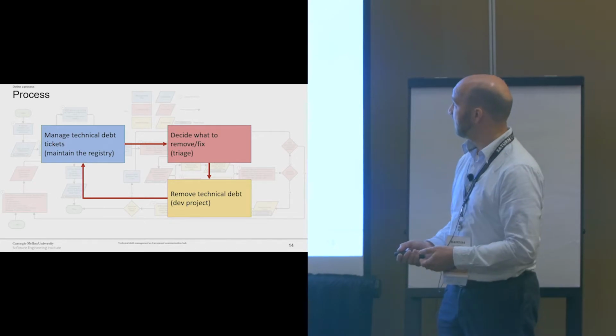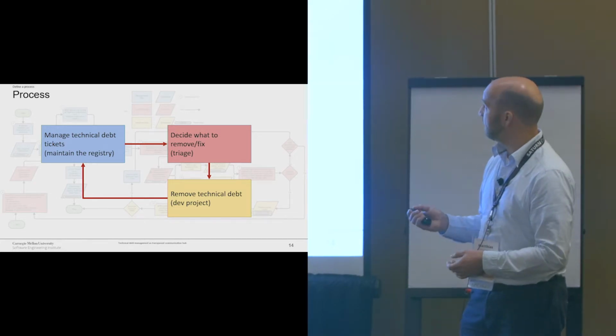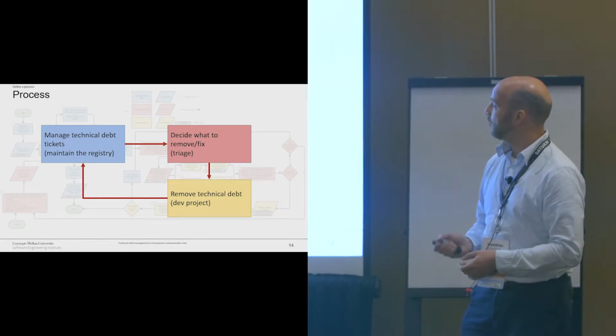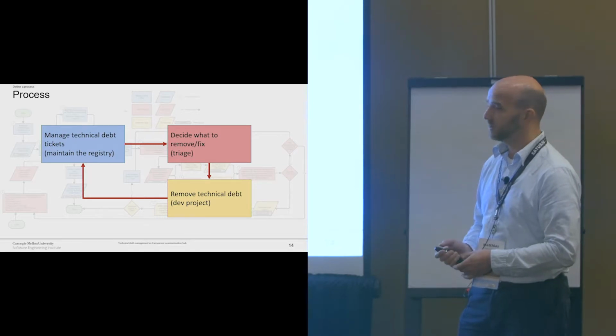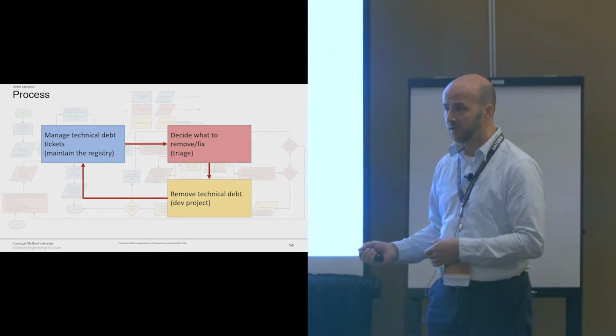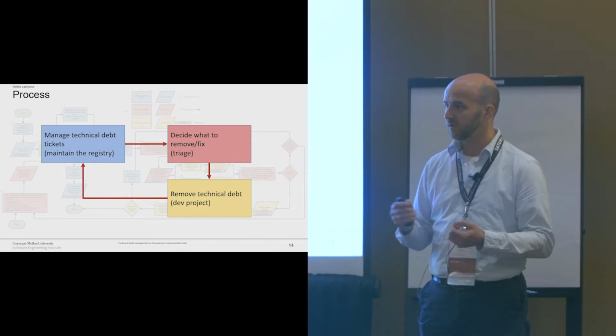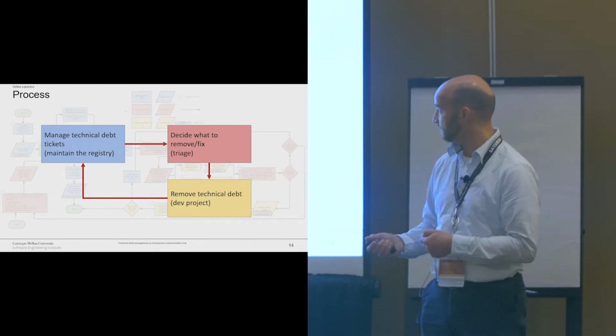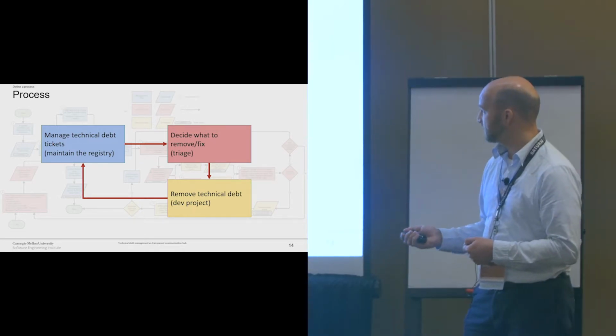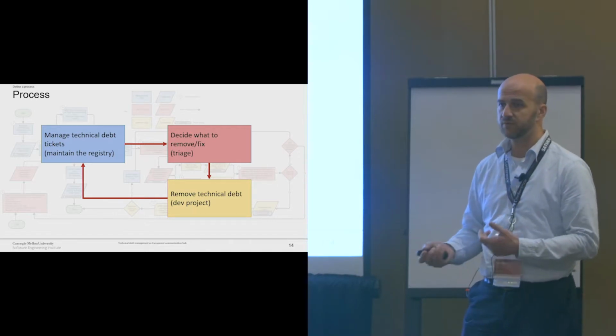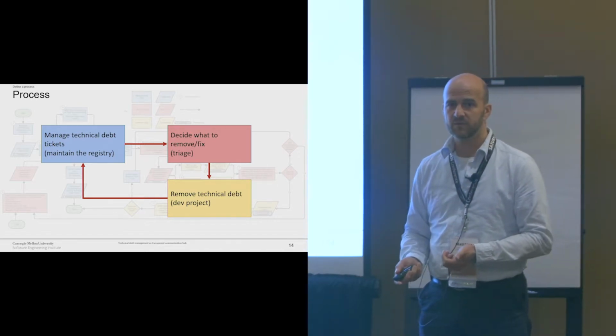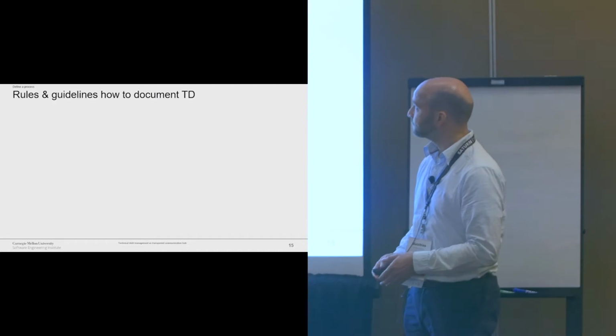This really needs to be a balance, and that's, I think, the challenging part, but we cannot have that challenging discussion without the data, and that's why it's important to have the data at first. And then this is just the development process to remove the technical debt, which is part of the process for sure.